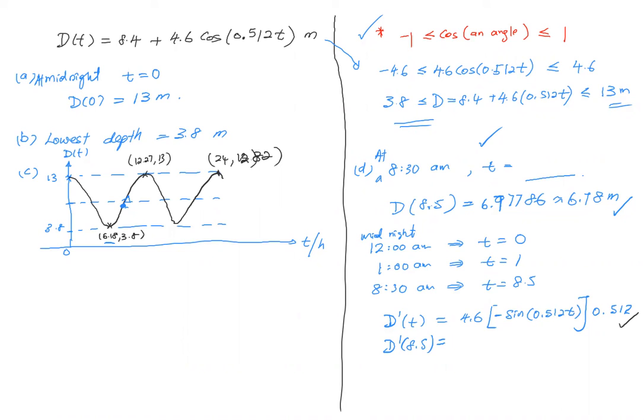What do you get? I hope I got the right number. Do you get this number? I'm so scared now that I got meters per hour, okay? So you get positive, correct? So therefore, you conclude the tide is rising.